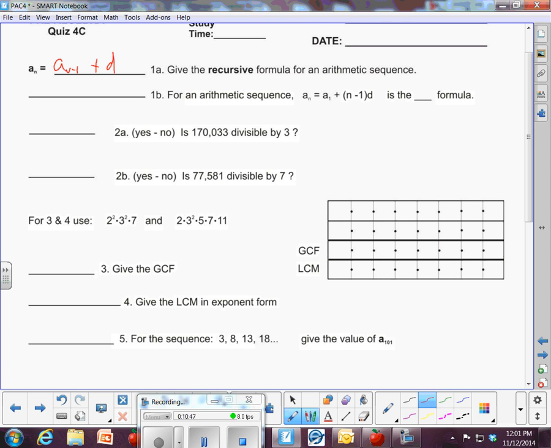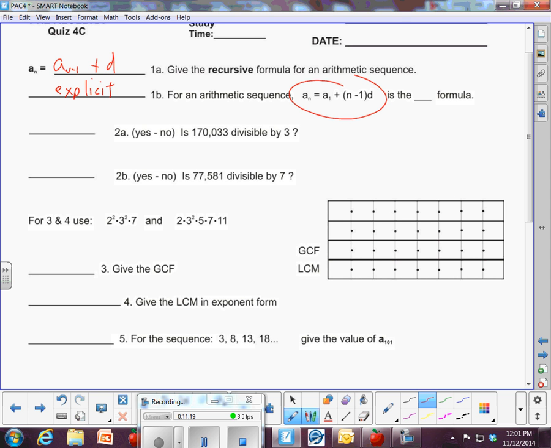So who can give me 1b? Cole? That is the explicit. 1b is the explicit. So I tried to give it to you as easily as I could. So number 1a would have to say a sub n minus 1 plus d. It's the only answer for 1a, and the only answer for 1b is explicit. Okay? So that's the way that goes.